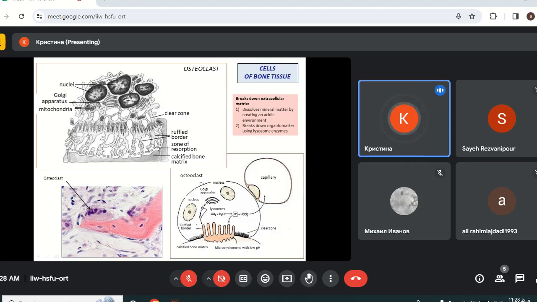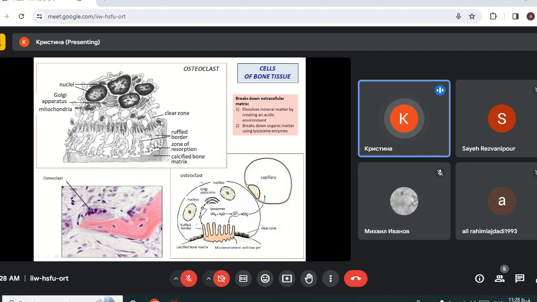Now, the structure of the osteoclast includes the main part of the cell, in which you can see a few nuclei, Golgi apparatus, a lot of mitochondria, some rough endoplasmic reticulum, then the so-called clear zone, which helps to attach the osteoclast to the surface of the bone.